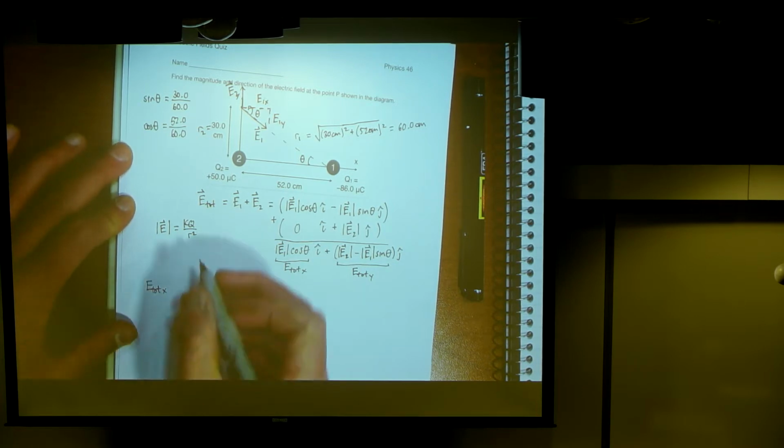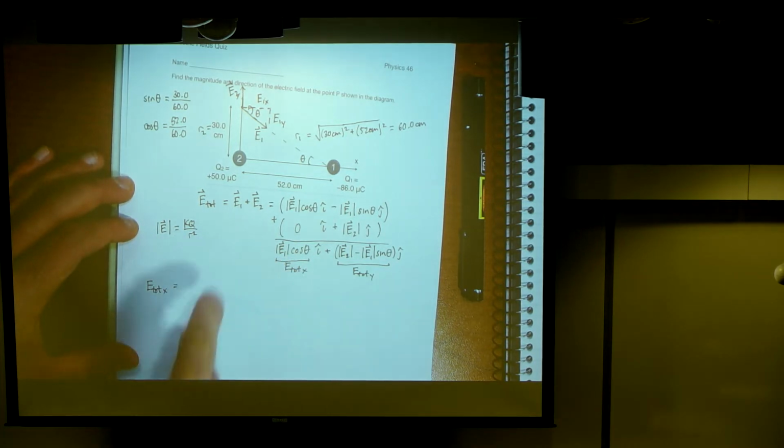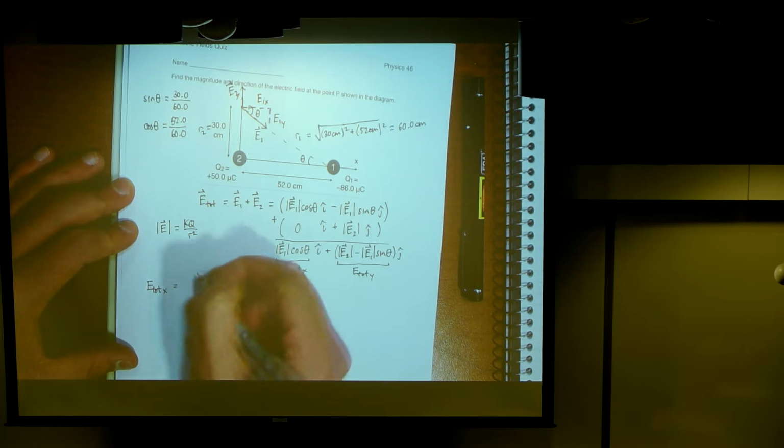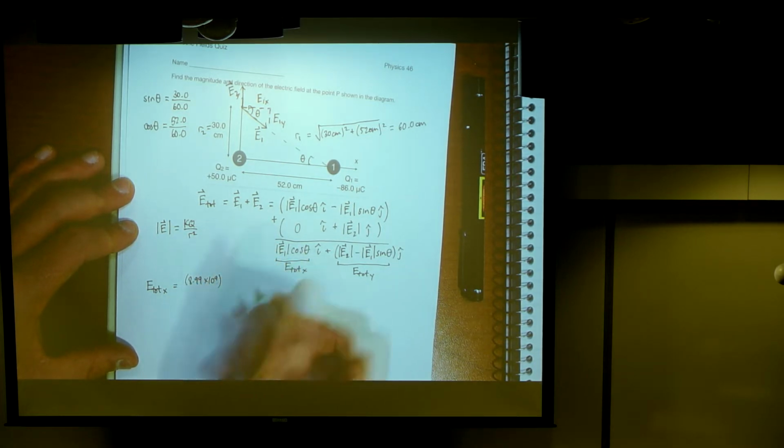So for E total X, we have the magnitude of E1, which is K times Q1 divided by R1 squared. So K is 8.99 times 10 to the 9.